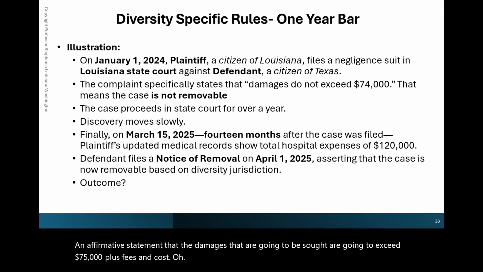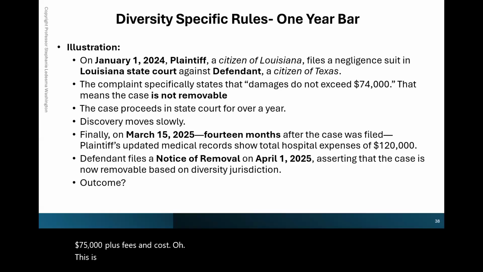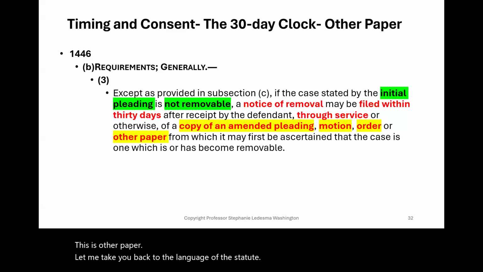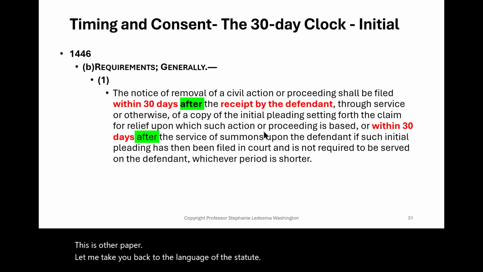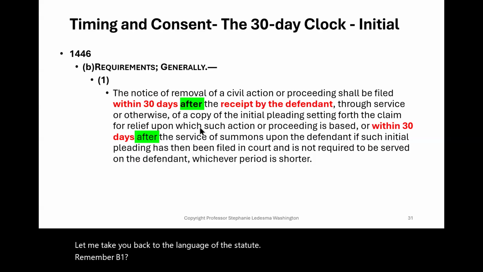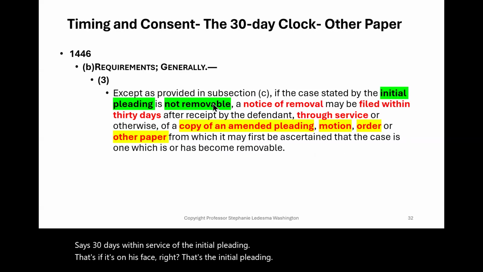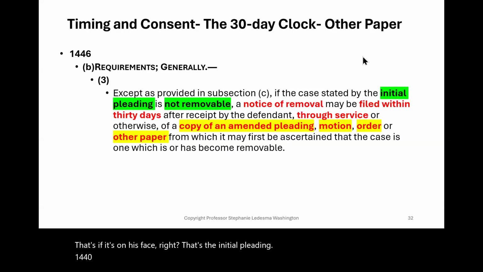this is other paper. Let me take you back to the language of the statute. Remember, B1 says 30 days within service of the initial pleading. That's if it's on its face, right? That's the initial pleading. 1446B3 is other paper.